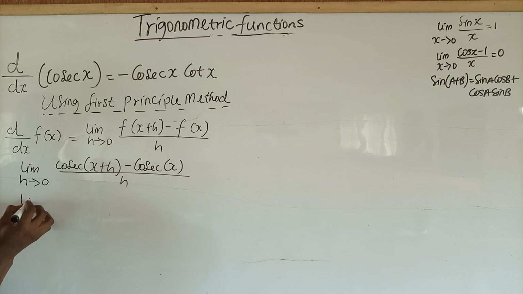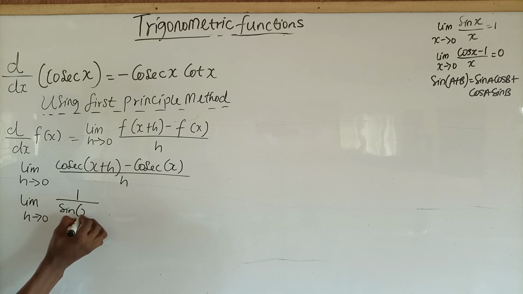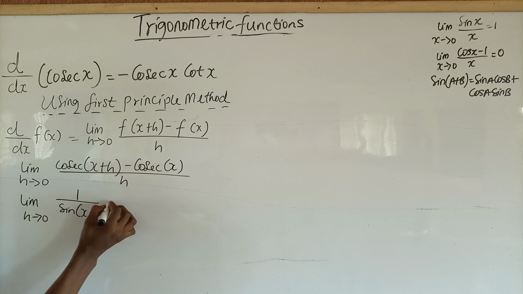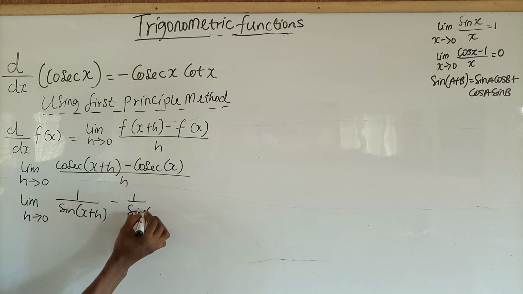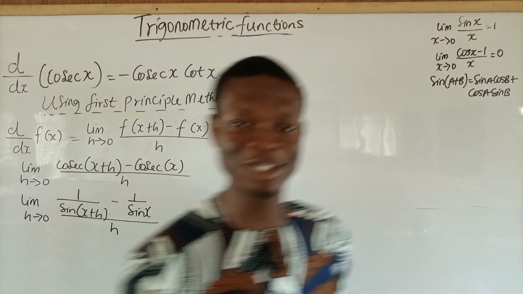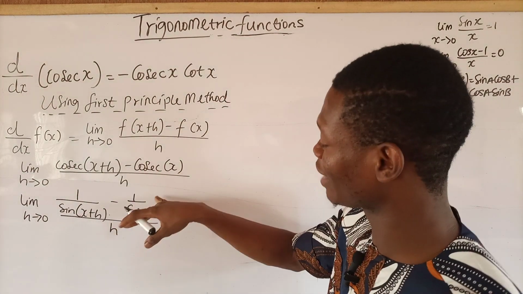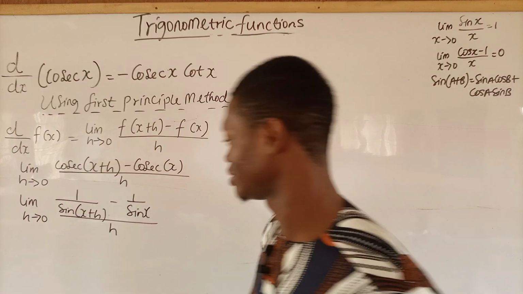So we are going to have the limit as h approaches 0. Cosec is 1 over sine, so we have 1 over sine of x plus h minus 1 over sine x, all over h. Are you seeing something here? We are having a fraction within a fraction, so we are going to get rid of it.